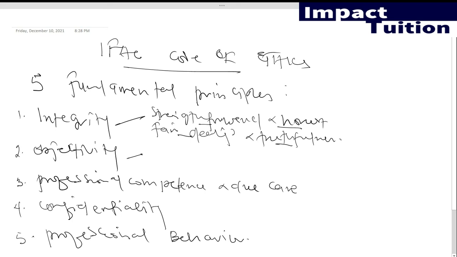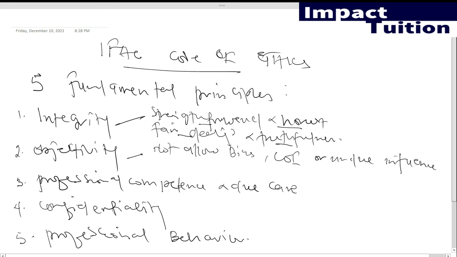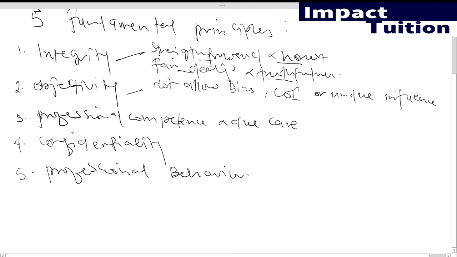Keywords to note: we should not allow bias, conflict of interest, or undue influence to cloud or override professional or business judgments. Keywords to note: bias, conflict of interest, undue influence.